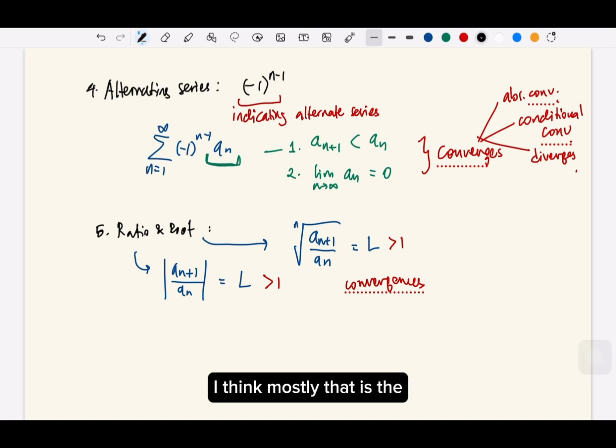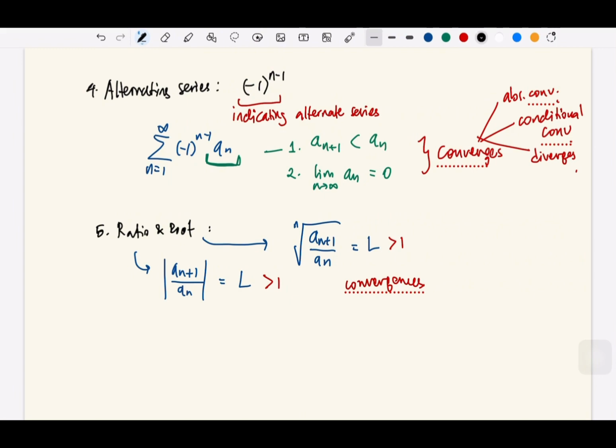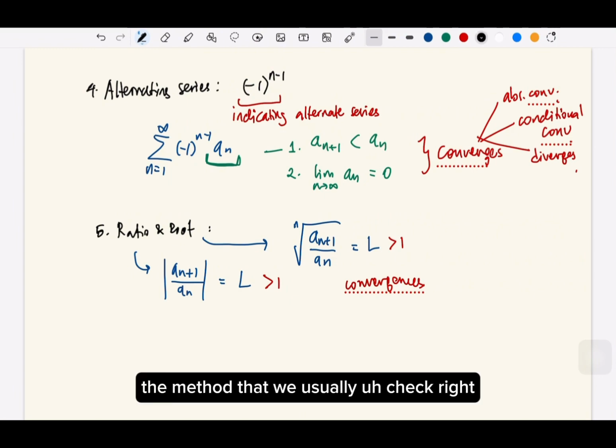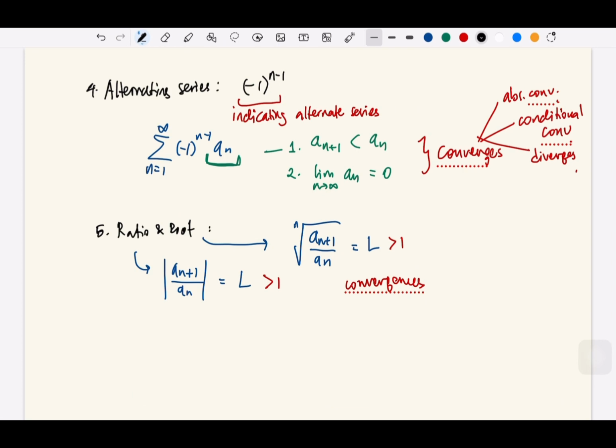I think mostly that is the method that we usually check, right? Yes, I think the ratio test is aₙ₊₁ over aₙ.